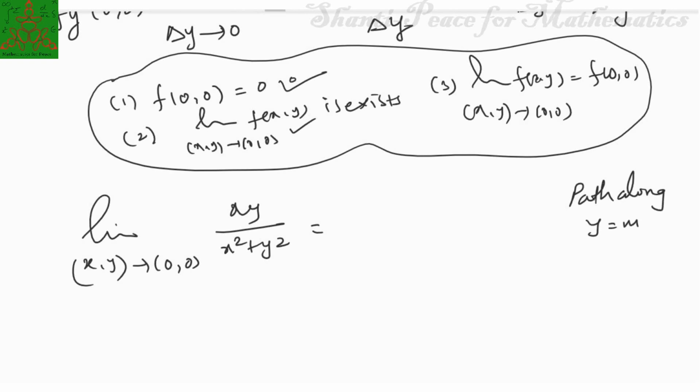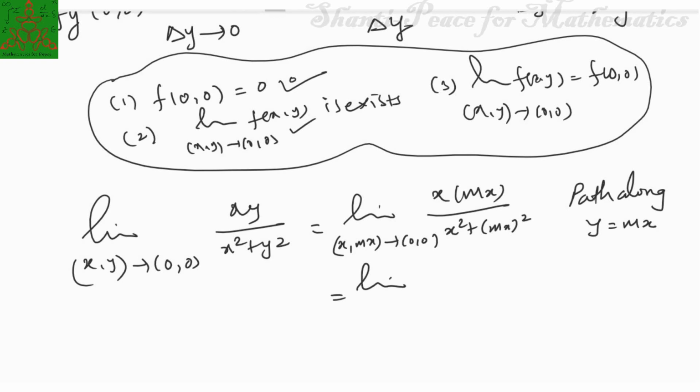I am taking the path along y equal to mx. Then this will be the limit as x tends to 0 of x into mx upon x square plus mx whole square. That gives m x square upon x square into 1 plus m square.